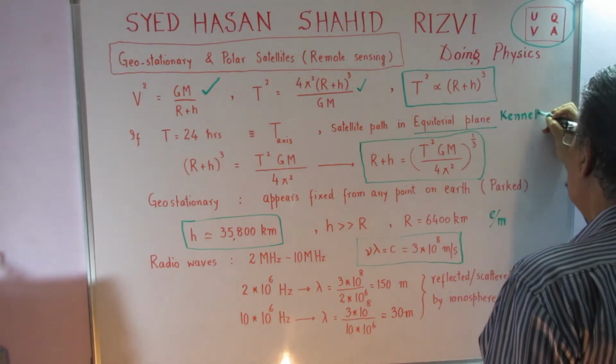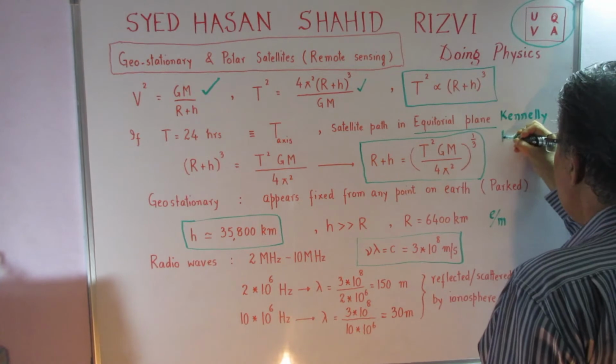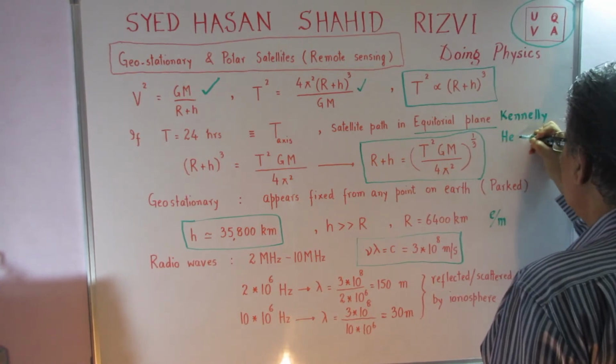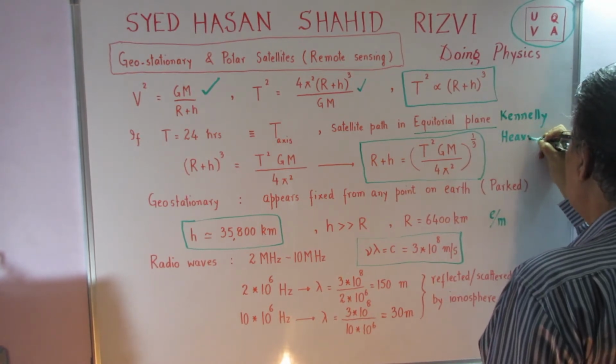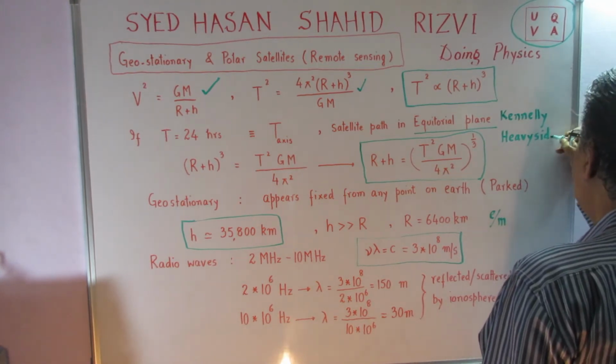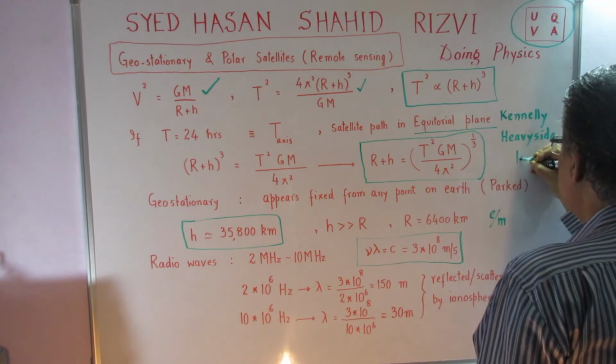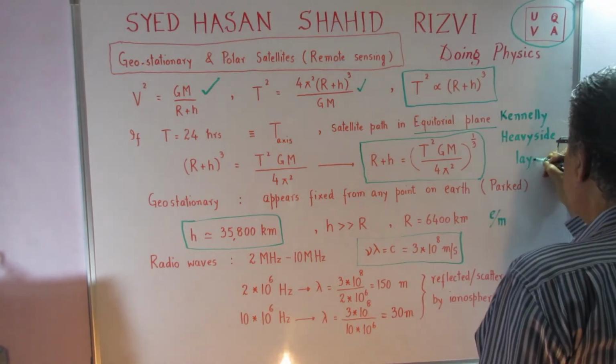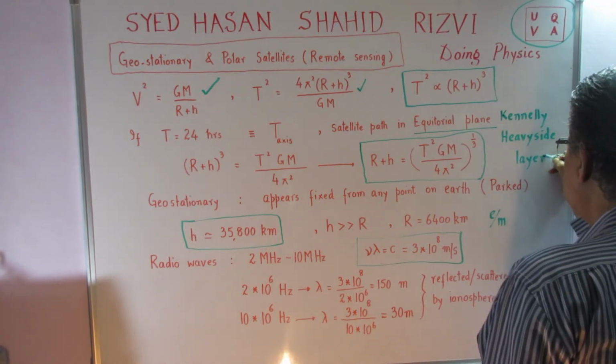Kennelly Heaviside layer, much above the atmosphere, ionosphere, which is able to deal with these shorter wavelengths.